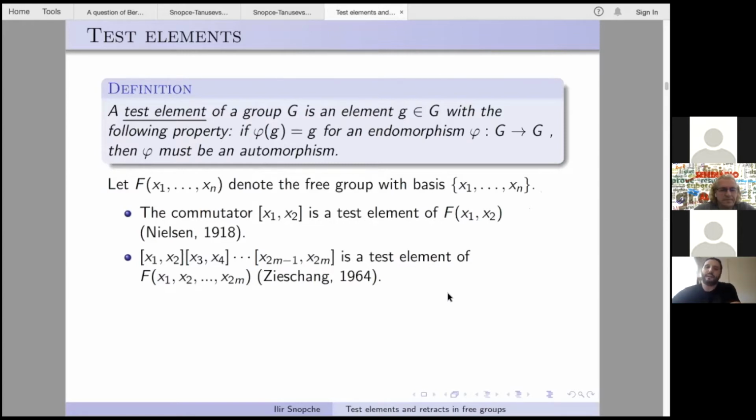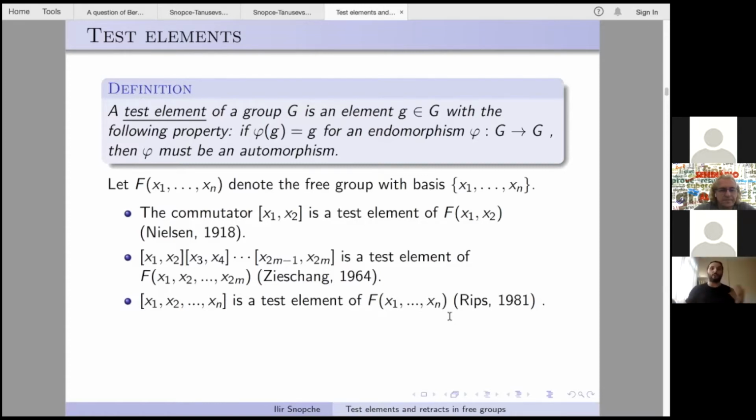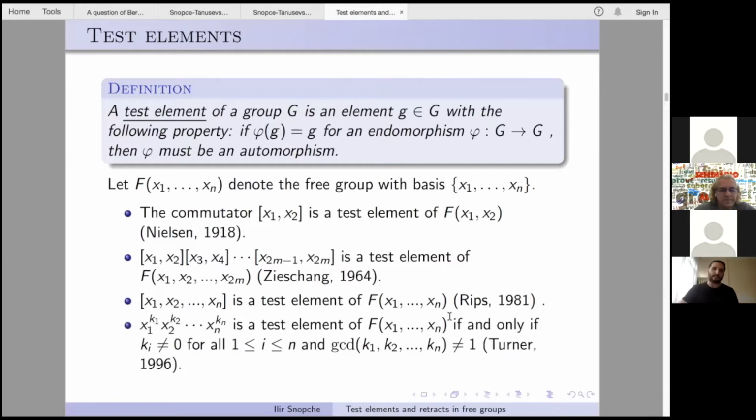Okay? And another result in this direction was proved by Rips. Rips actually proved that a higher commutator of weight n with arbitrary disposition of the commutator brackets is a test element of a free group with basis x_1 up to x_n. But of course, it is not true that all test elements are commutator elements. There are other test elements as well.